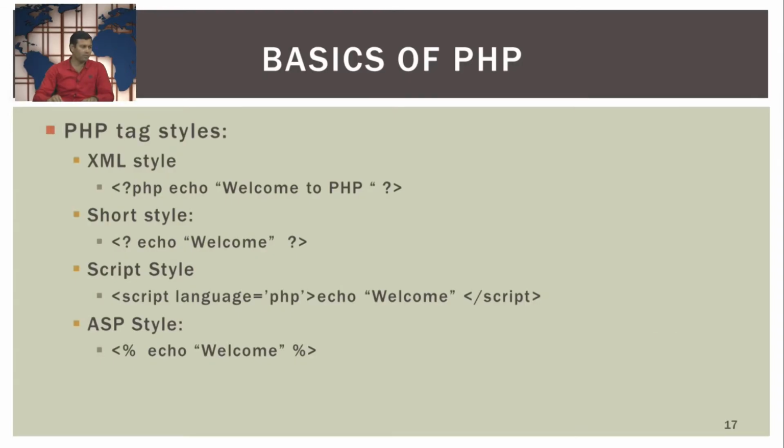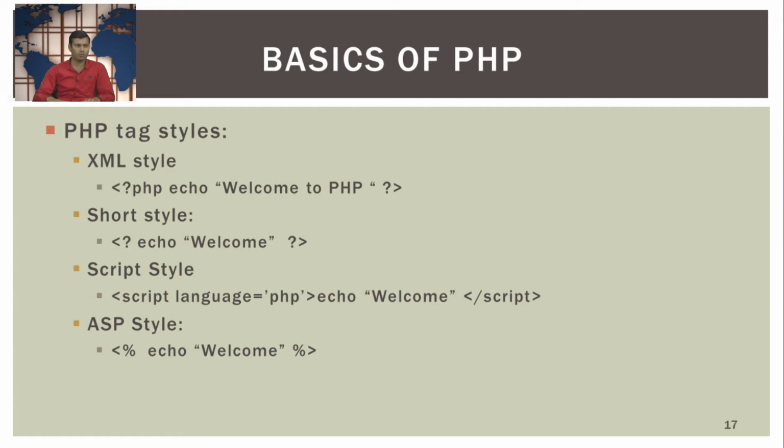Now, let us look at the PHP tag styles. PHP supports 4 types of tag style. The first one is known as XML style. In that, within the angle brackets, you write question mark PHP. This is the starting tag, and to end you use a question mark. This is the most recommended style and we will use it.